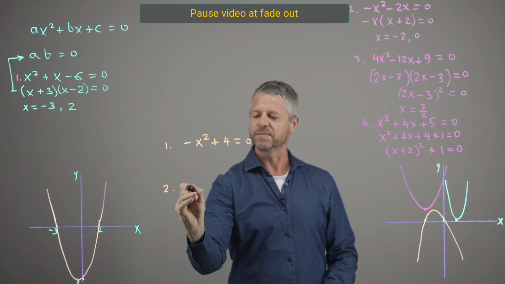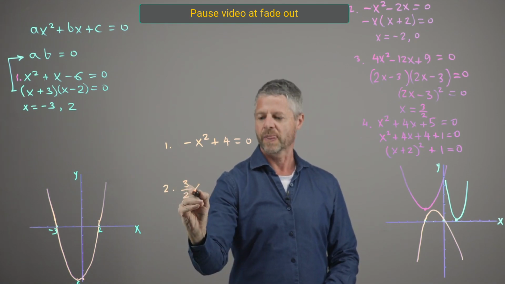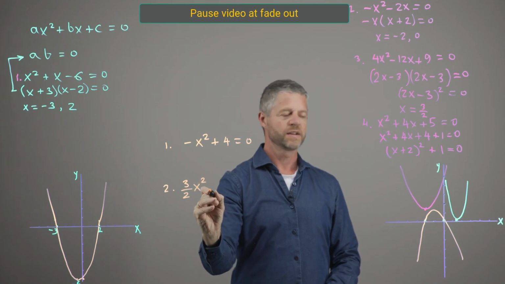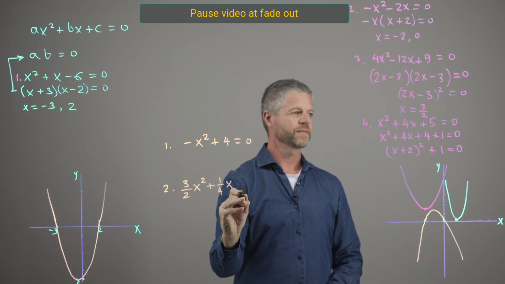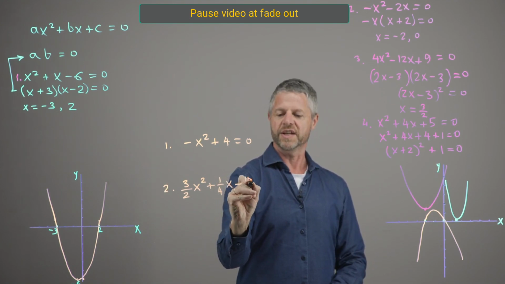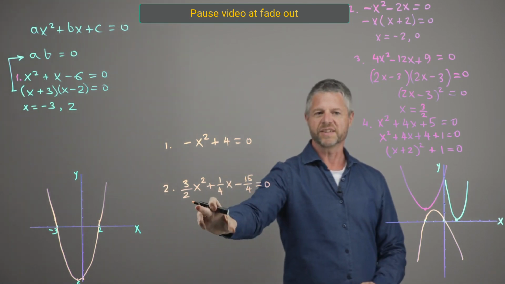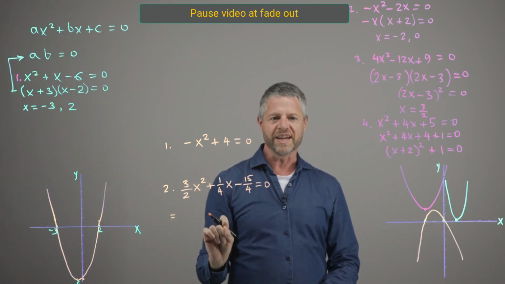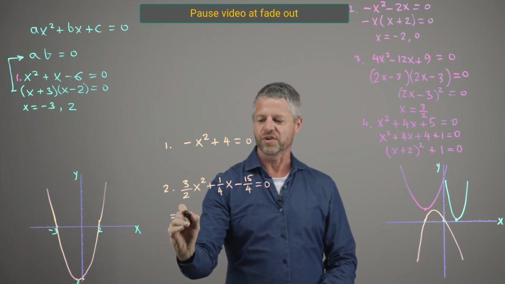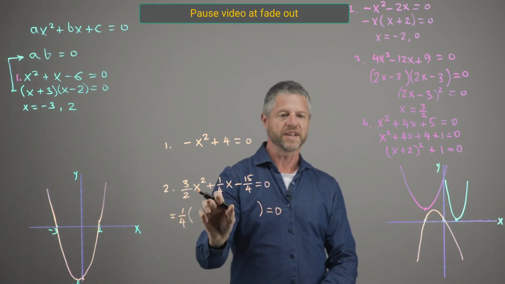This next one's a little bit more challenging because I'm going to throw some fractions in here. 3 over 2 x squared plus 1/4 x minus 15 over 4 equals 0. And just a hint for this one, pull out a fraction of 1/4 first. Otherwise, you're going to have a heck of a time.